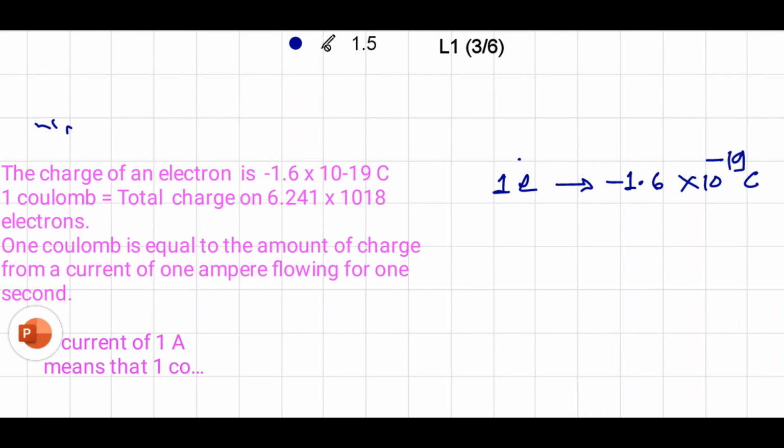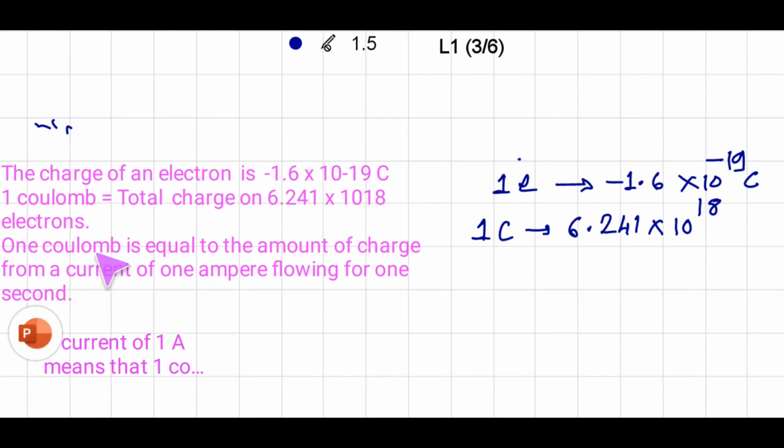Now suppose we want 1 coulomb of charge. Whenever we take 6.241 into 10 raised to 18 electrons, then the total charge on these electrons is exactly equal to 1 coulomb. And now how do we relate it to the current flow?